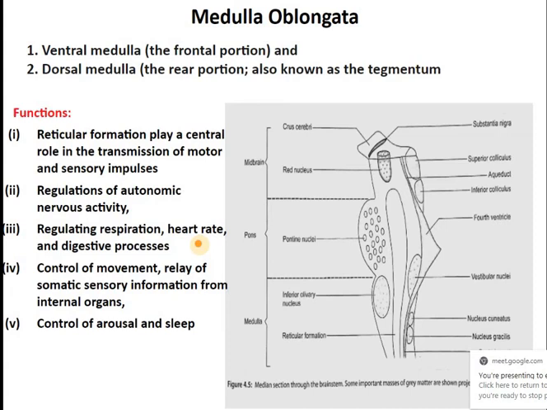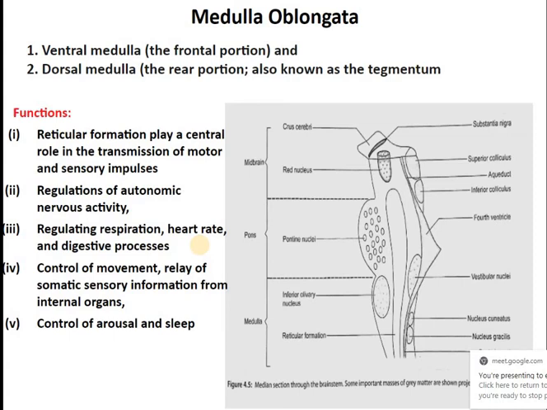By this process, the medulla oblongata plays an important role. The medulla oblongata has some neurons which are responsible for sensing the different autonomic functions.